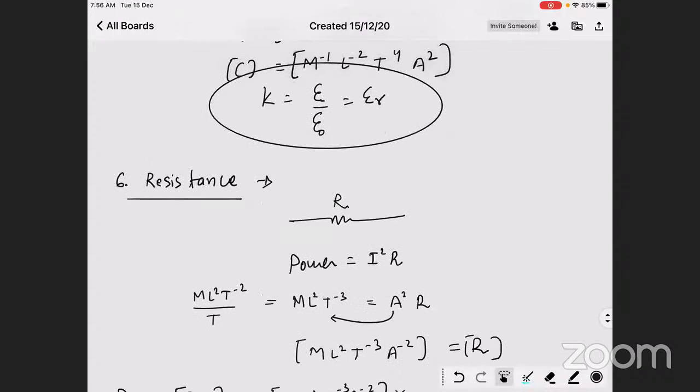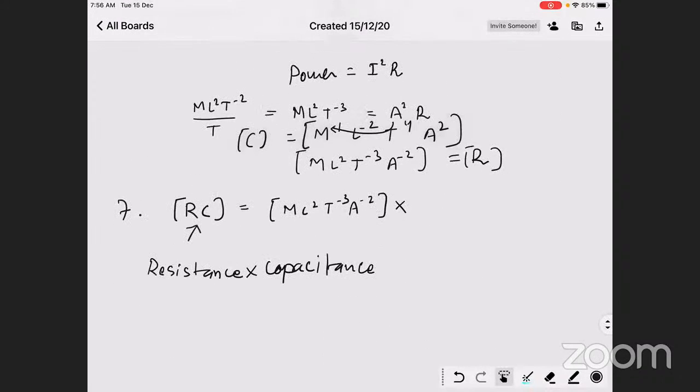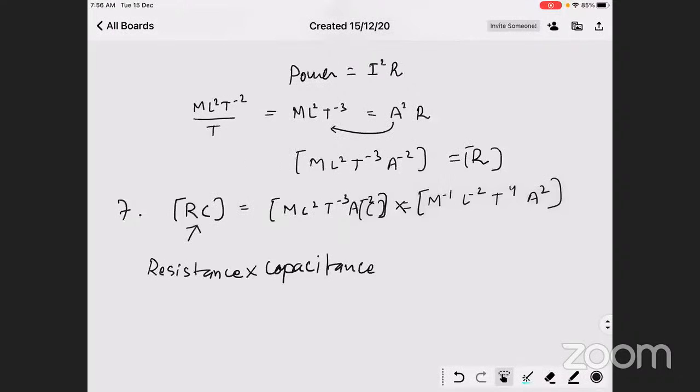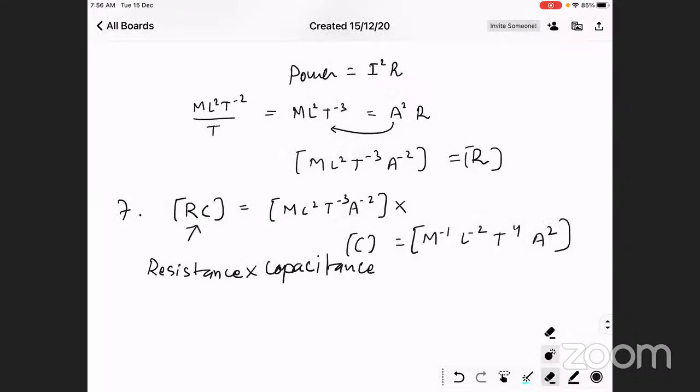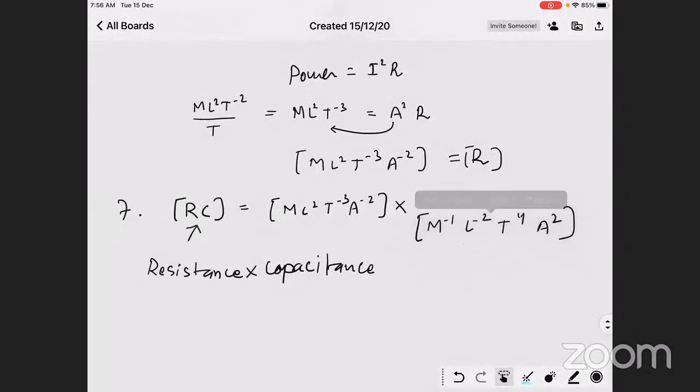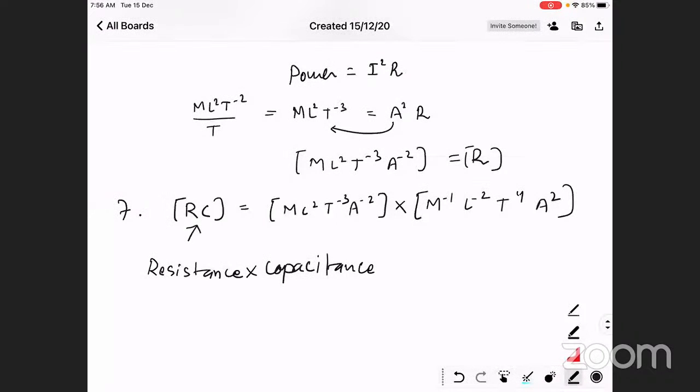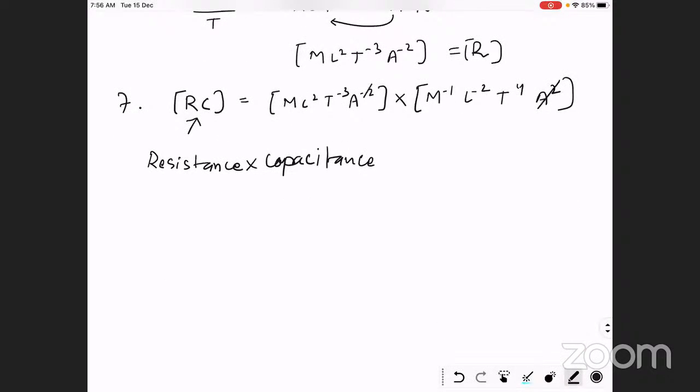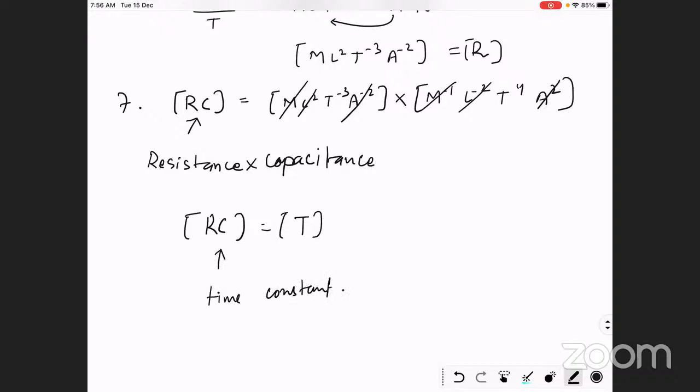I'll clean this first, then we'll use it. Okay, now multiply, what are you getting? A gone, T, L, T gone, you got only T. So RC has dimensional formula of only T. So RC represents time. Time constant. Okay.